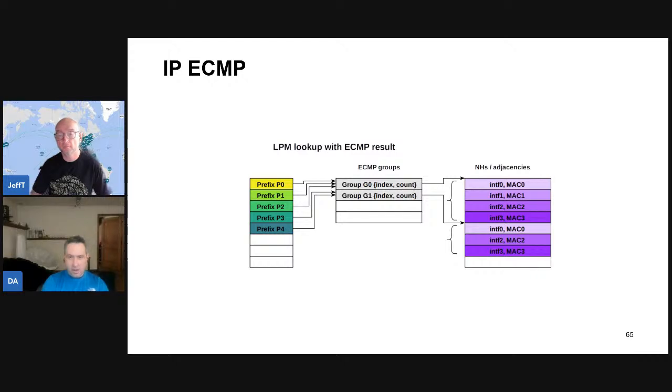But if you have 16 or 32K entries in total and a group is 1K entries, that means you can only have 16 or 32 such groups. So most of the groups are going to be small, for example with 32 entries.